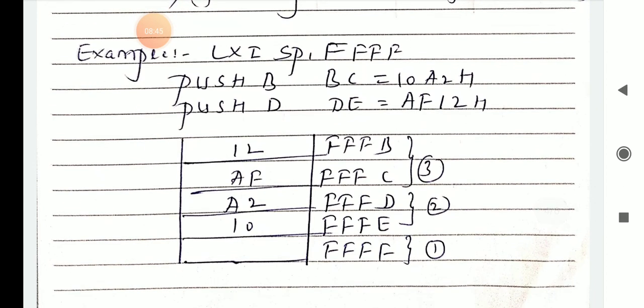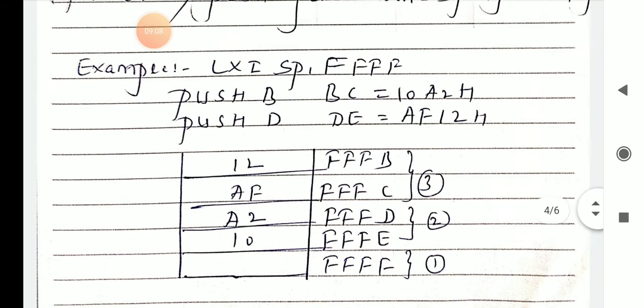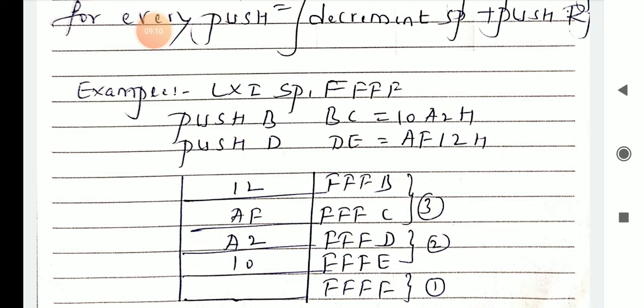And in PUSH B, whatever the values of BC are, you first write the high bit, that is 10, and then the low bit.